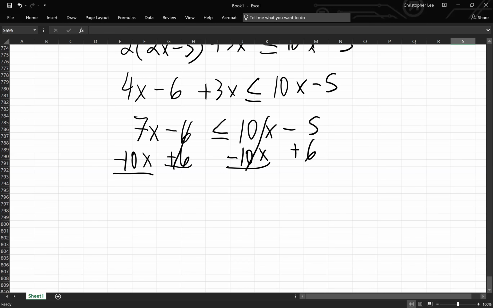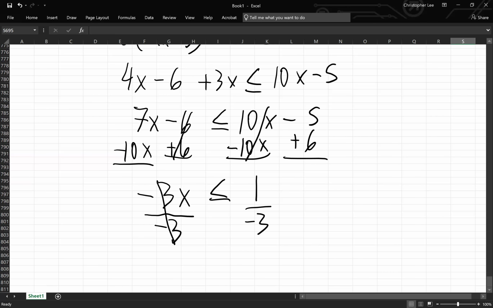Negative 3x, right? Less than or equal to. What's negative 5 plus 6? 1, right? So just 1. So now I want to get rid of that negative 3. So I have to divide by negative 3. But what I do to one side of the inequality, I have to do to the other side of the inequality.